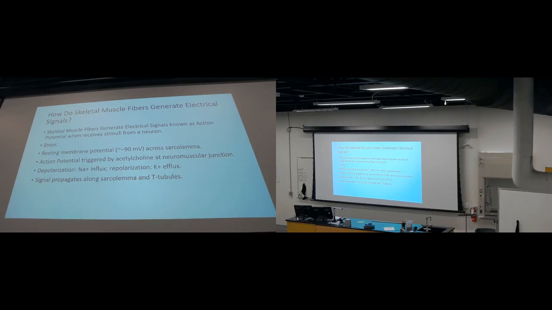This RMP in muscle cells is around minus 90 millivolts, written as lowercase m and capital V. This is a unit of potential energy, which is voltage, and a millivolt is one thousandth of a volt. So in this case, when the cells are not doing any activity, internally they have minus 90 millivolts.